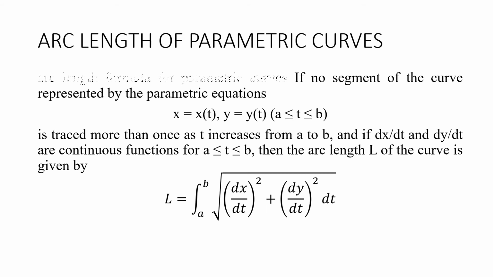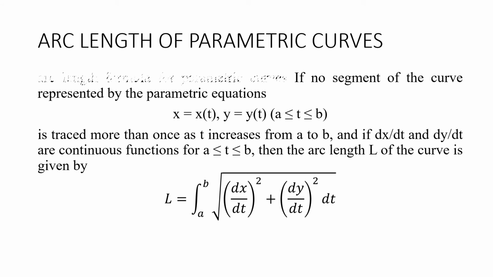The following result provides the formula for finding the arc length of a curve from the parametric equations of the curve. Its derivation is similar to the earlier formula. You have x equals cosine t, y equals sine t, where t is greater than or equal to 0 but less than or equal to pi. So we have here the arc length formula for the parametric curve.